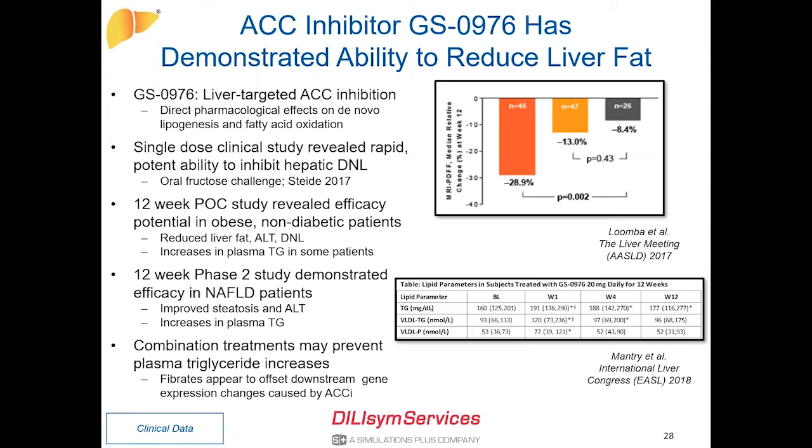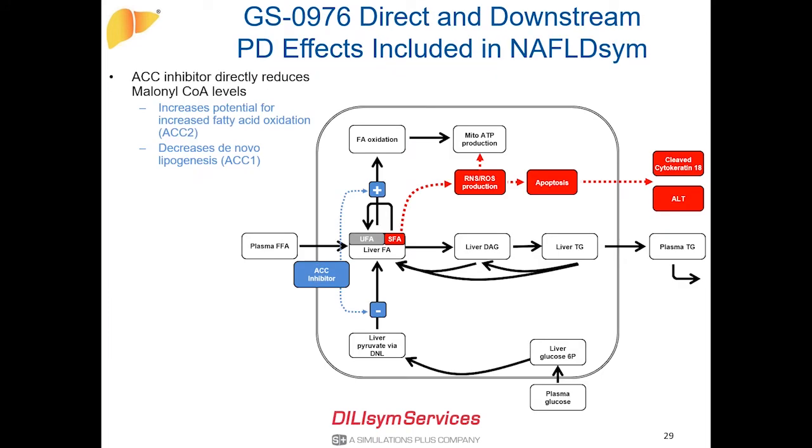And that was the surprising, if you will, result. And that's when they engaged us to help understand what might be driving that response. In the end, putting together all the information they've collected, including the modeling results, they were able to determine that co-administration of fibrates appears to offset some of those changes that may manifest as increases in plasma triglycerides, allowing them to continue development of this compound.